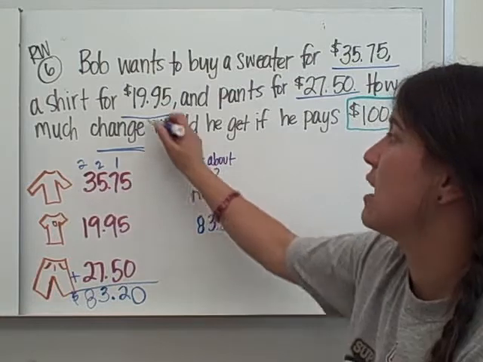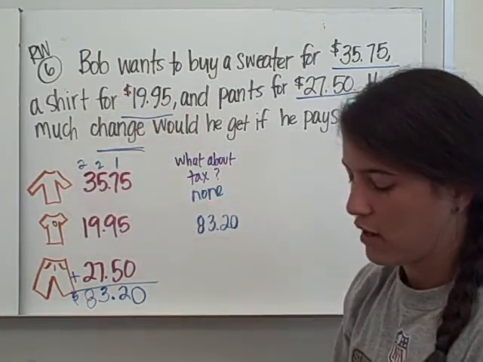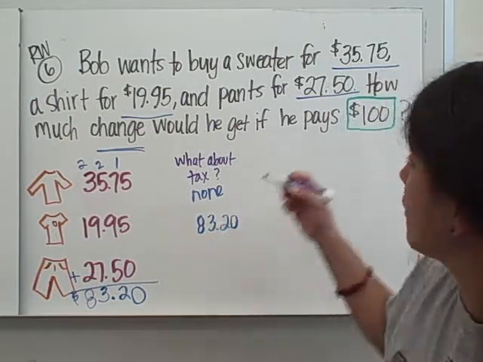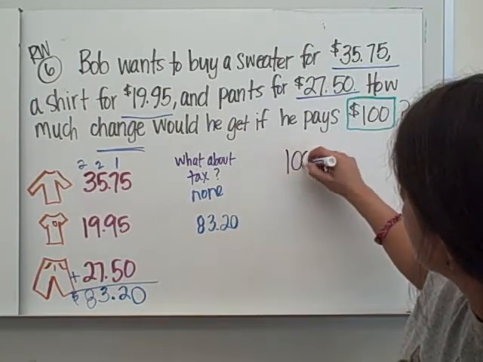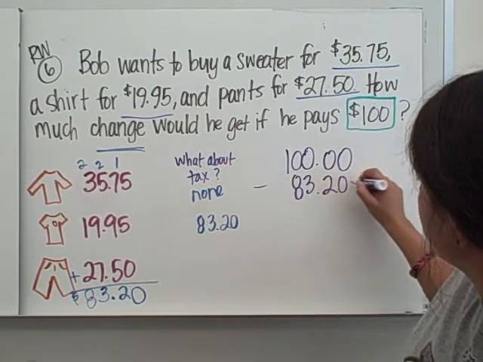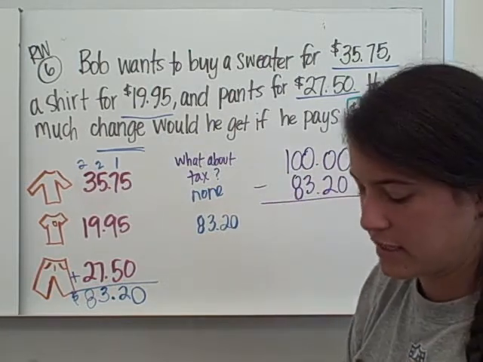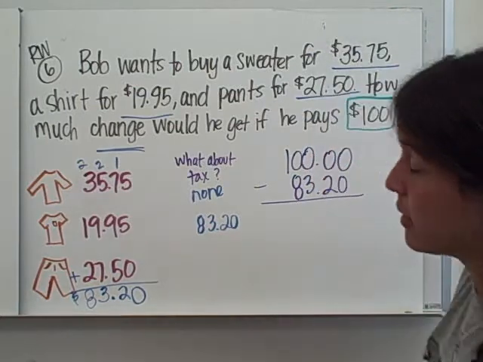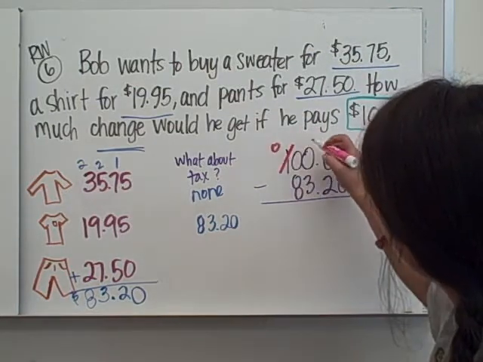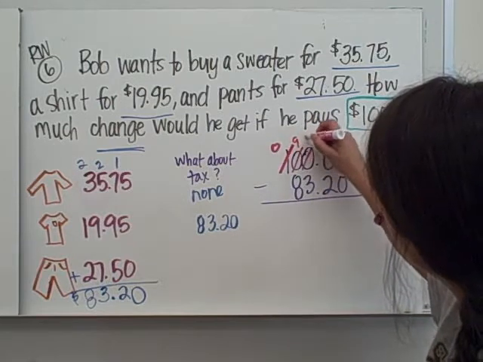But my question says, how much change would he get? So in order to figure out change, we would have to subtract that from 100. So 100 minus 83.20. Now this is a lot of borrowing. So here we go. Borrow, borrow, borrow. The 1 becomes a 0. That becomes a 9. 9.